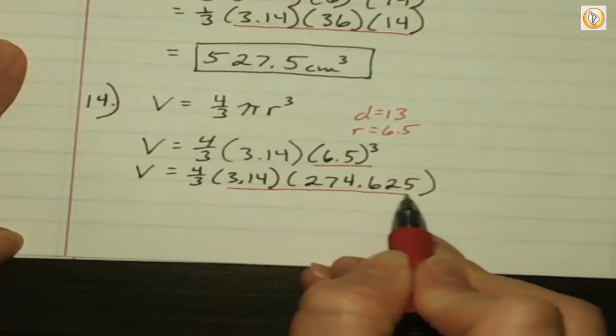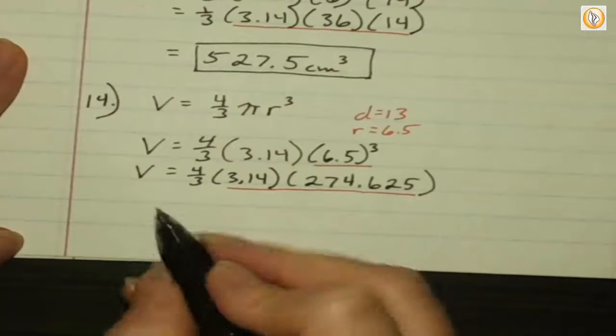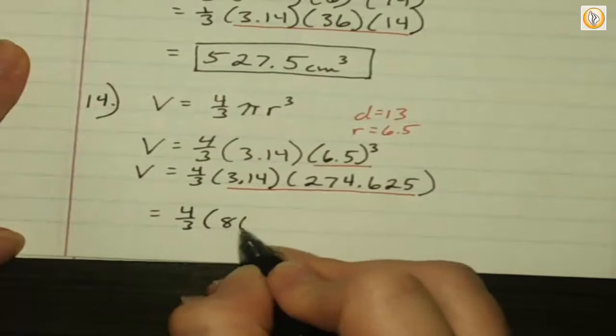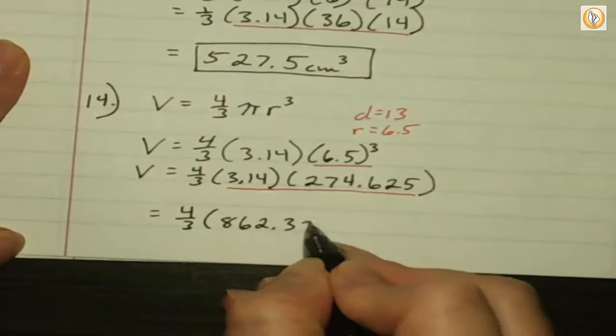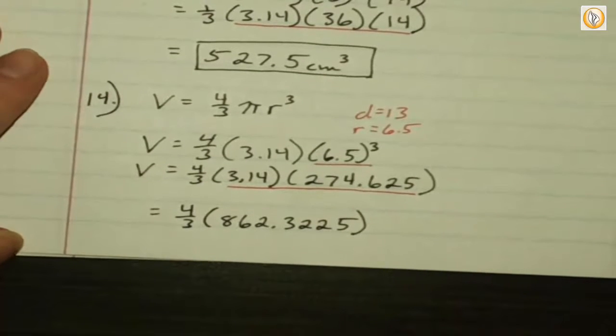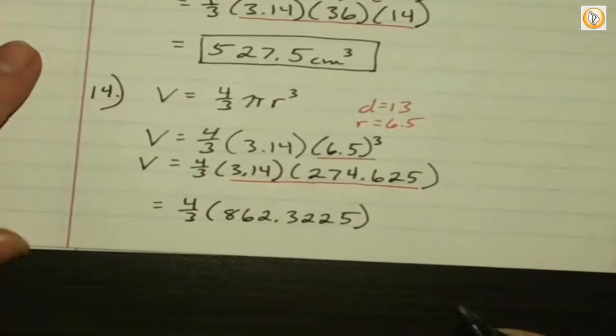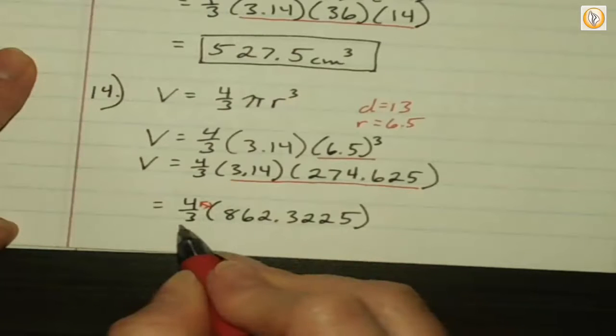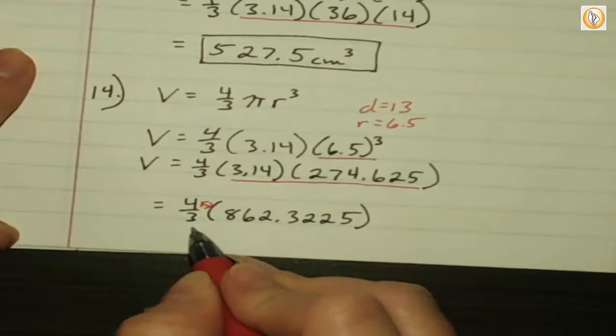Then you multiply these two, and you get 862.3225. And then you're going to multiply this with the 4 and then divide by 3.